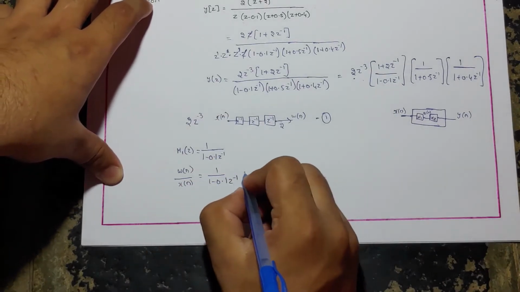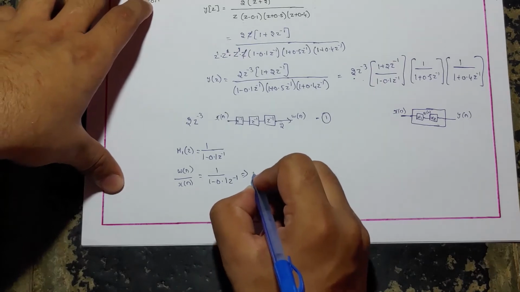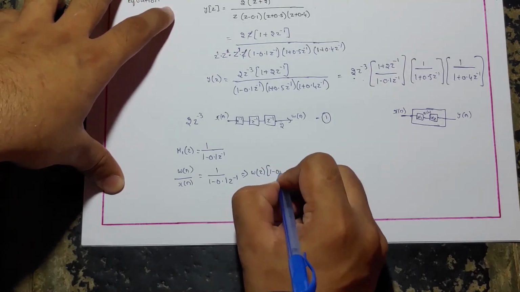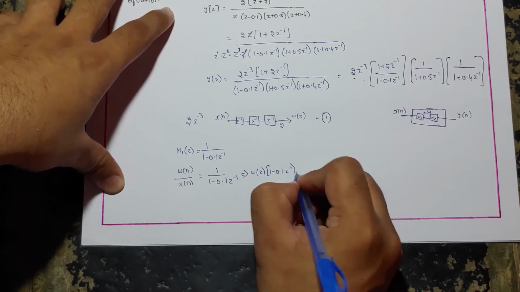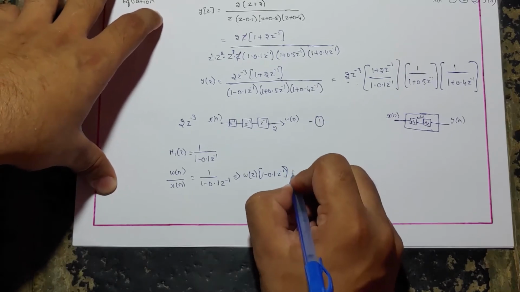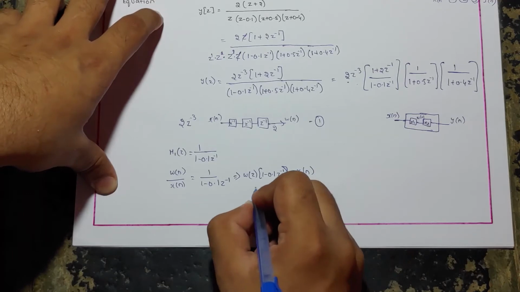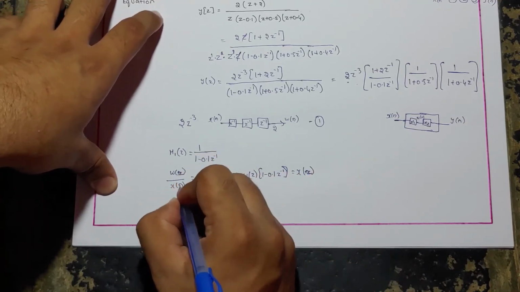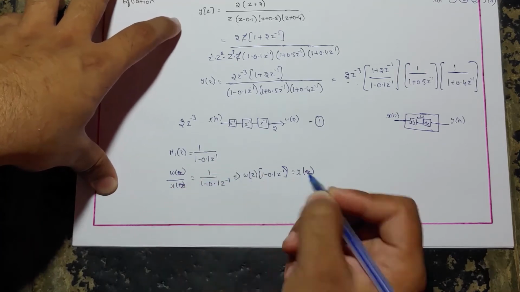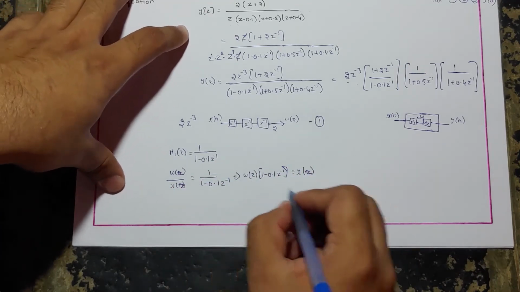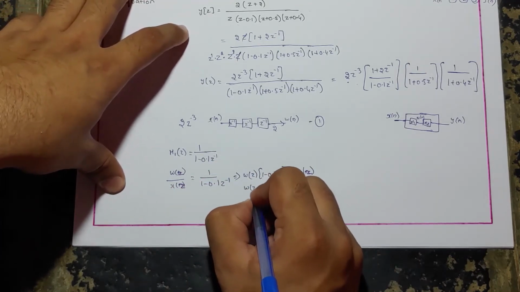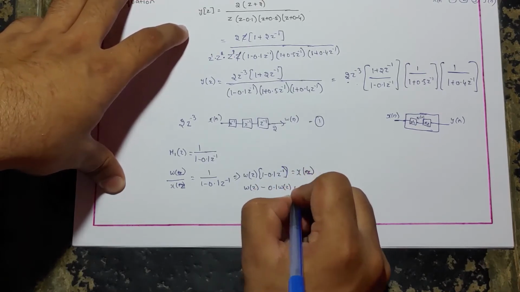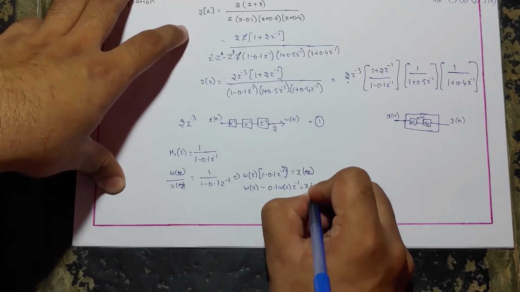Let us do cross multiplication, which results in W(z) multiplied by (1 minus 0.1 times z power minus 1) is equal to X(z). Let us write all of these terms in z terms so that we can apply the inverse z transform. That is, W(z) minus 0.1 times W(z) times z power minus 1 is equal to X(z).